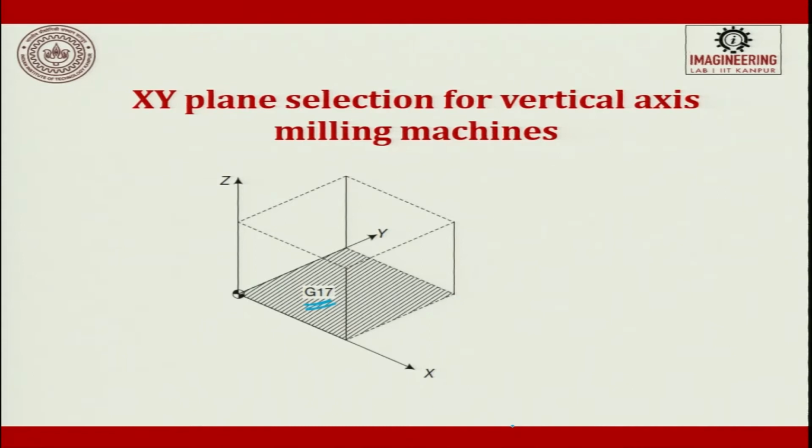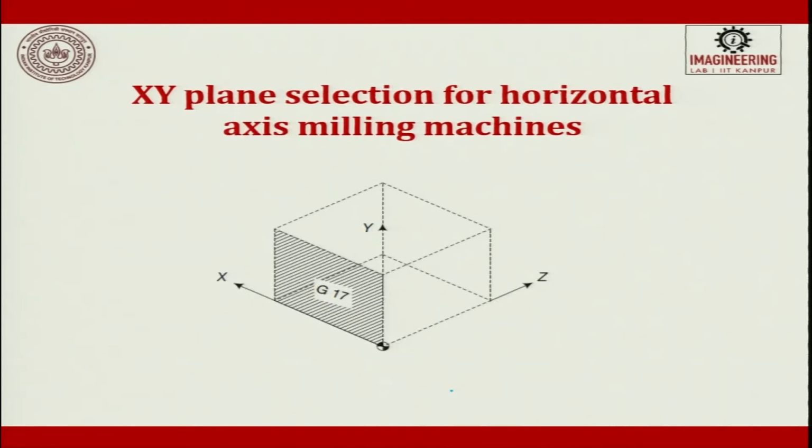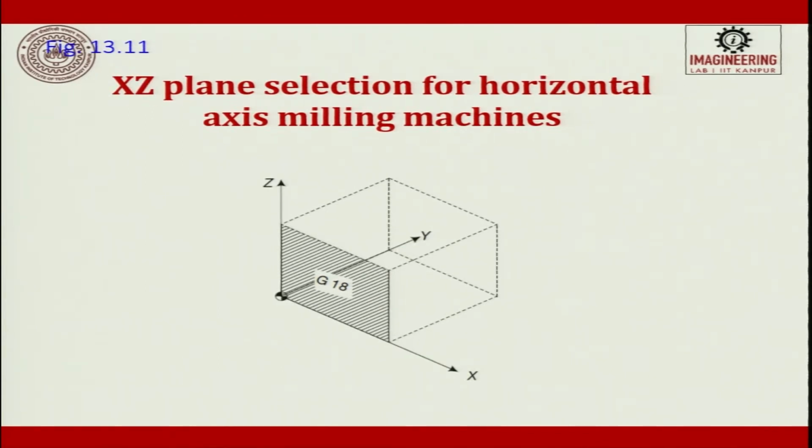When I do the same thing for a horizontal axis machine, the XY plane comes like this, so this is X and Y, G17. For the XZ plane on a horizontal axis milling machine, X and Z, this is G18, XZ plane selection for a horizontal axis milling machine.